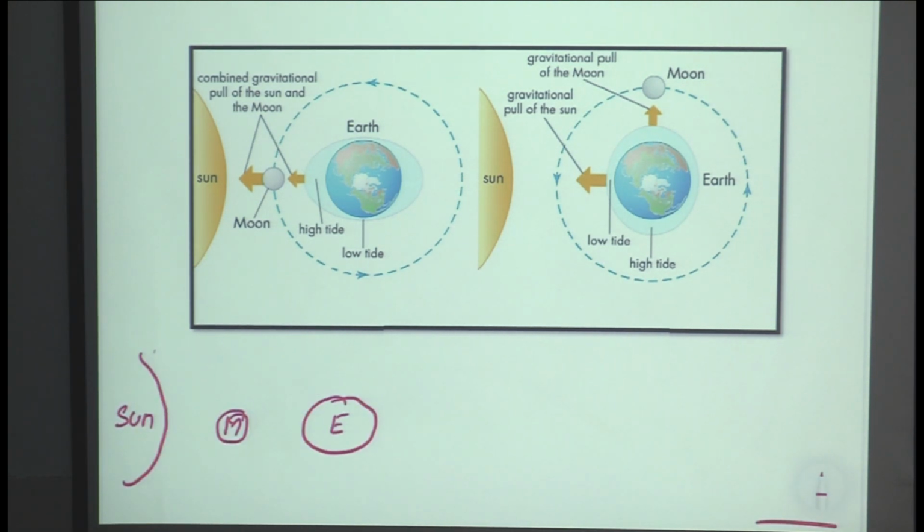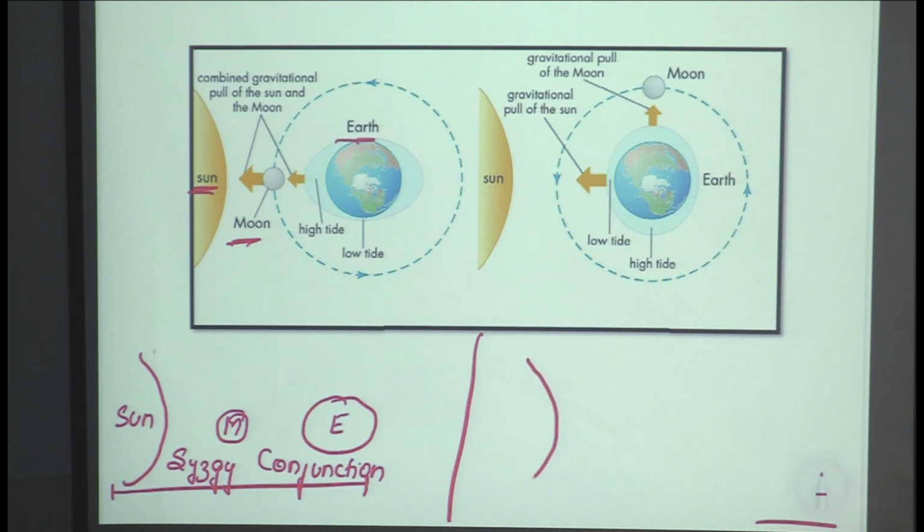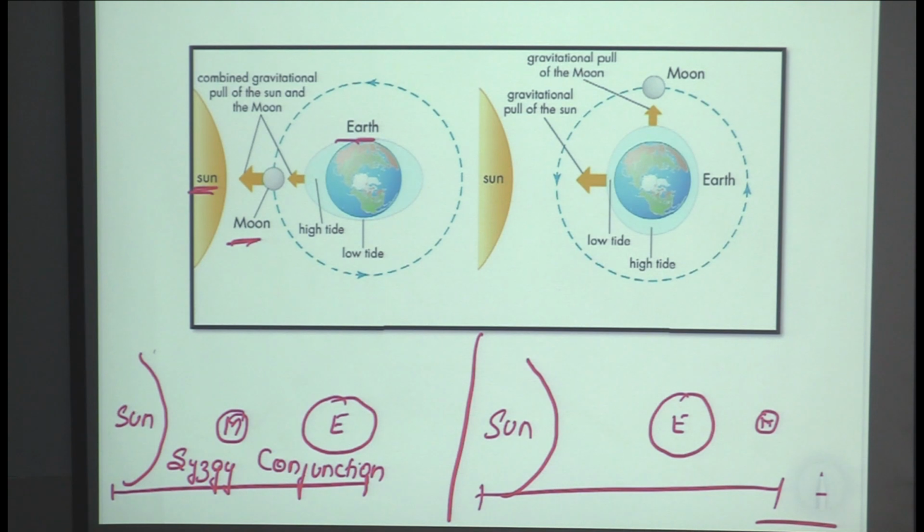I can see this position of sun, moon and earth. Right here I have constructed it. This position, aligned position, is called Syzygy conjunction. And I can have another position that is again sun, earth and moon. This is also aligned position, but this is Syzygy opposition.